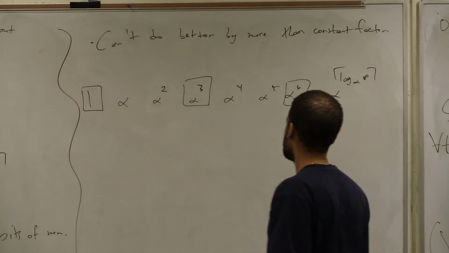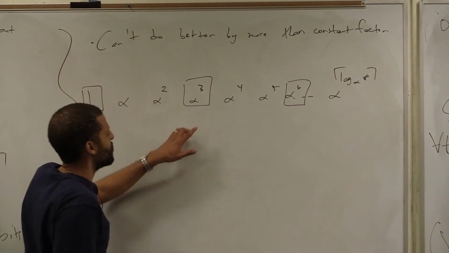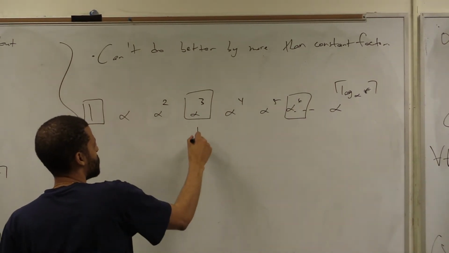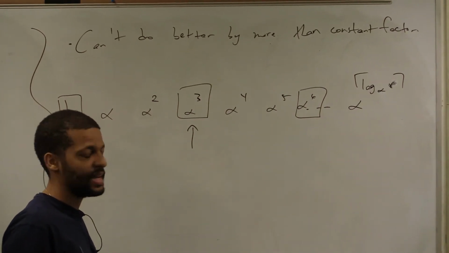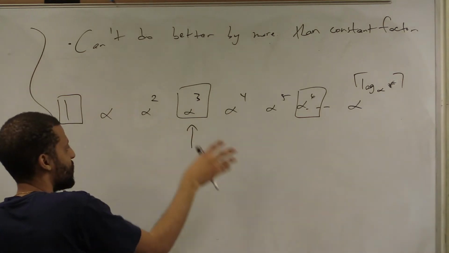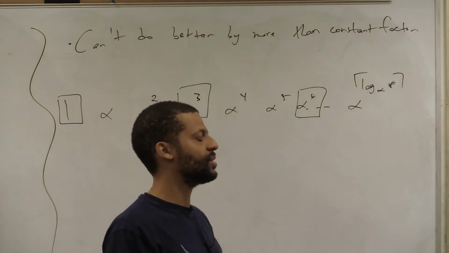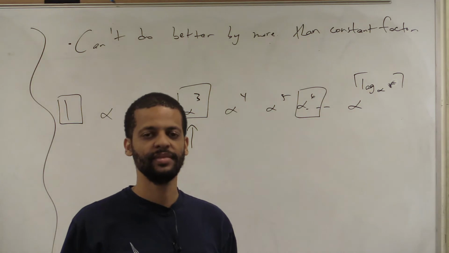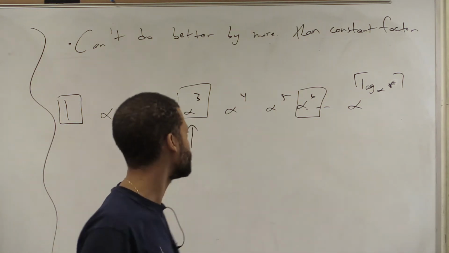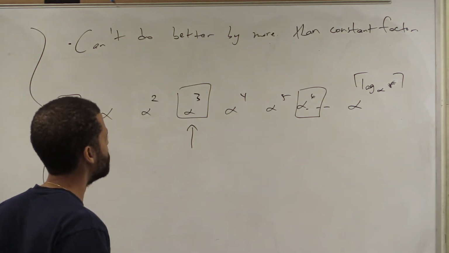Then notice any answer I return for this is not a valid answer for any of the other box numbers because the box numbers are just so far apart from each other. They're not within alpha of each other. Okay.